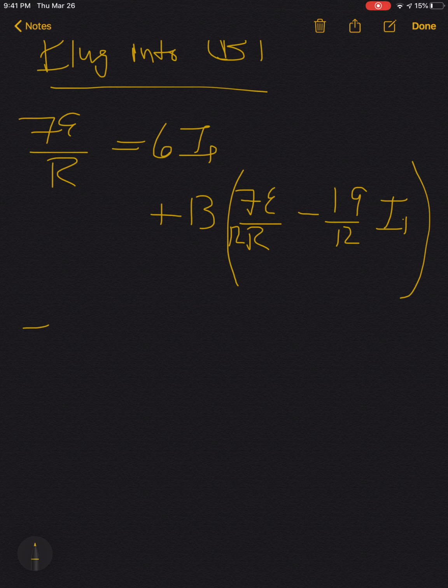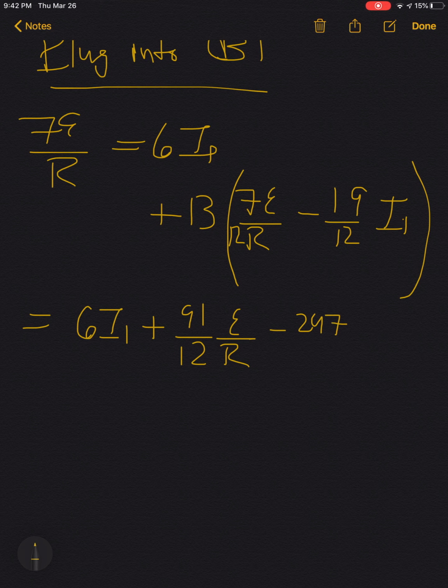Just writing this out a little bit more clearly, what we have is 6I1 plus 91 over 12 E over R minus 247 twelfths I1.